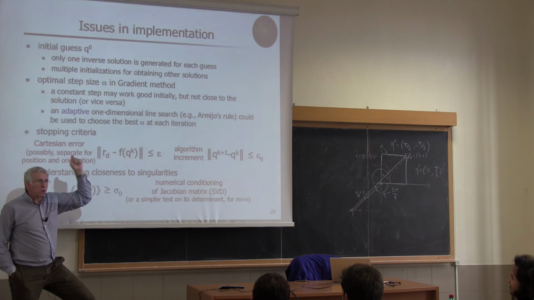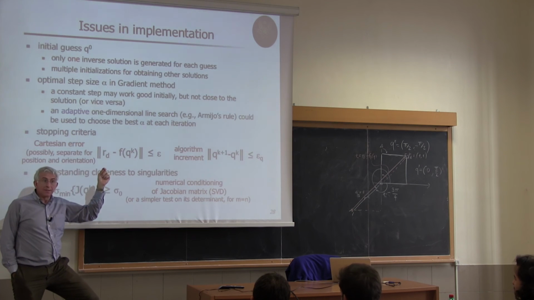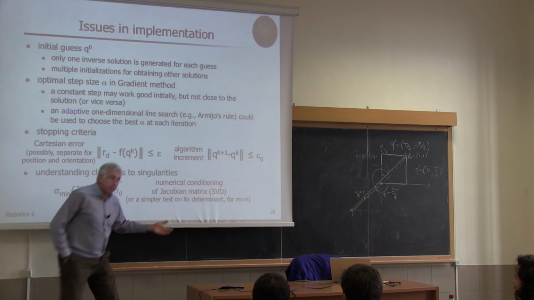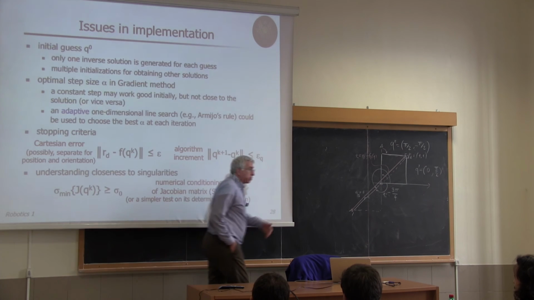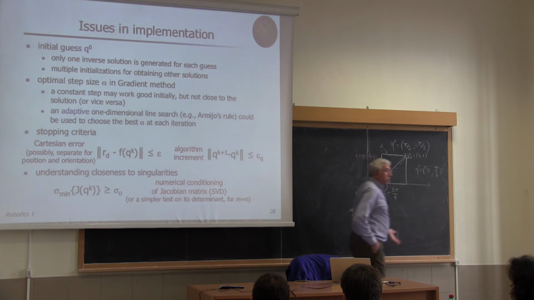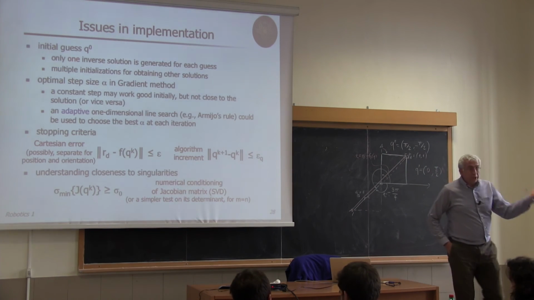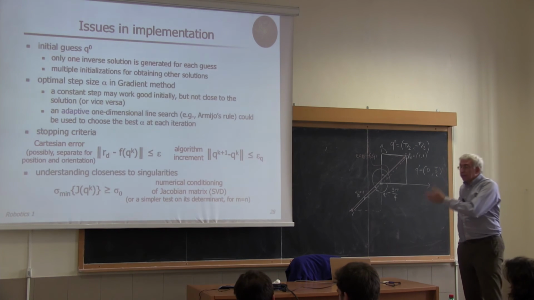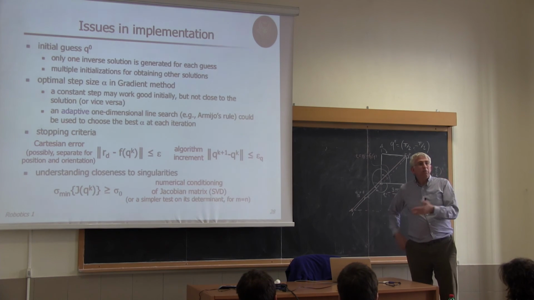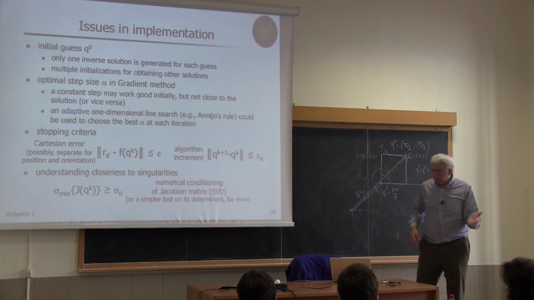We are close to a singularity. Do something. Do not continue blindly with your iteration, because if you're going with Newton, you may have divergence. If you're going with the gradient method, you may get stuck eventually.